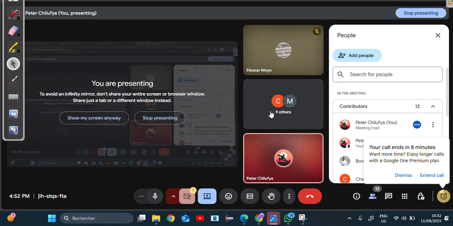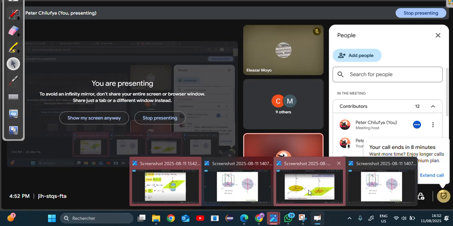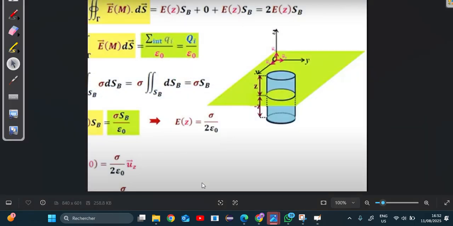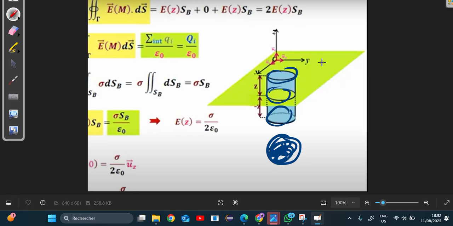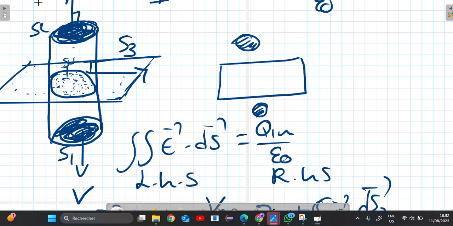If you look at this picture, where is my beautiful picture? Yeah, this one. This is the only charge inside. It's a disk of charges, and this surface is equal to this surface, which is equal to this surface. Let's now go back.